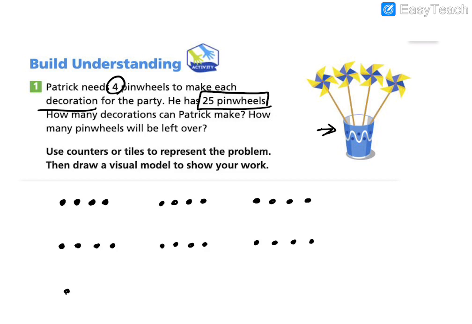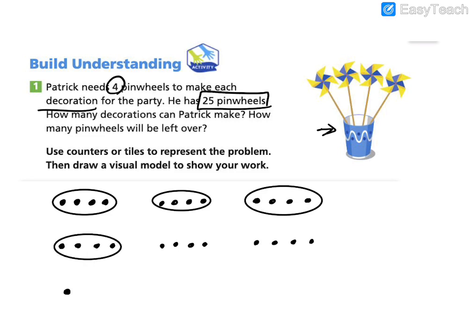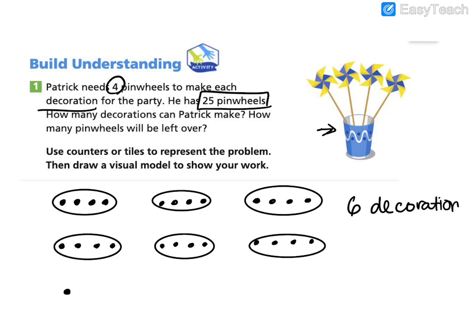So we're just going to stick that last one right there. It asks us how many decorations he can make. He can make 1 full decoration, 2, 3, 4, 5, 6 decorations. And he will have 1 left over.